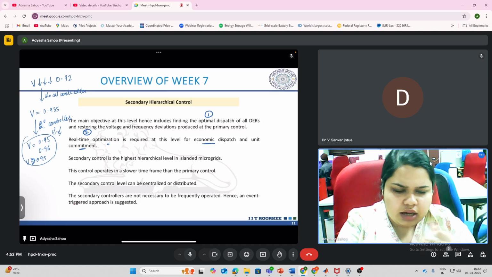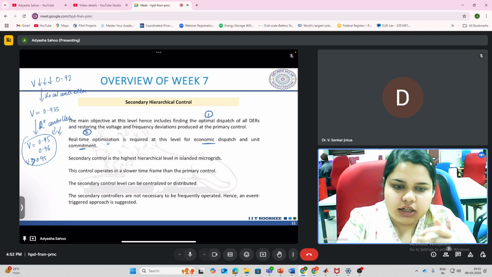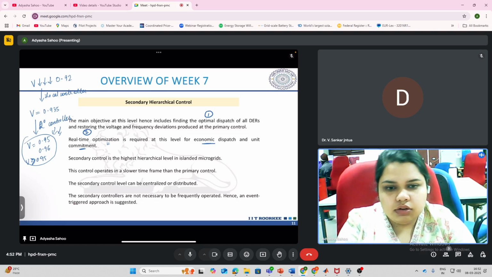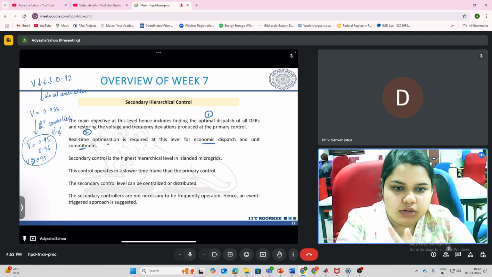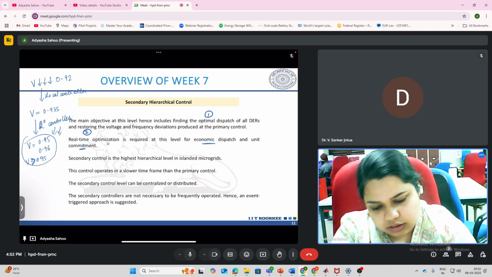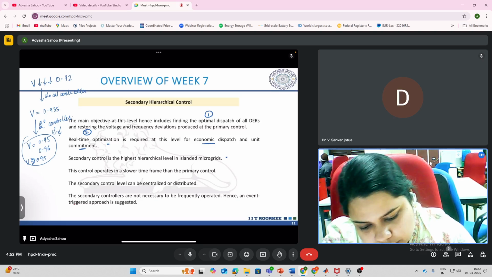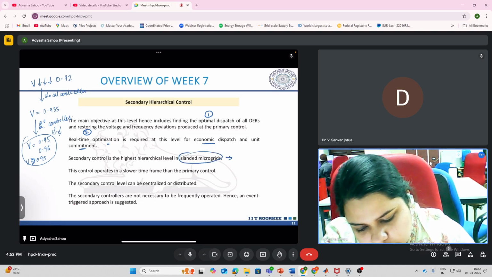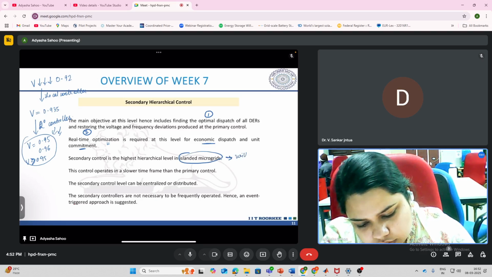So in case of the islanded microgrid, you have only two control layers. So islanded microgrids will have two control layers, primary and secondary.